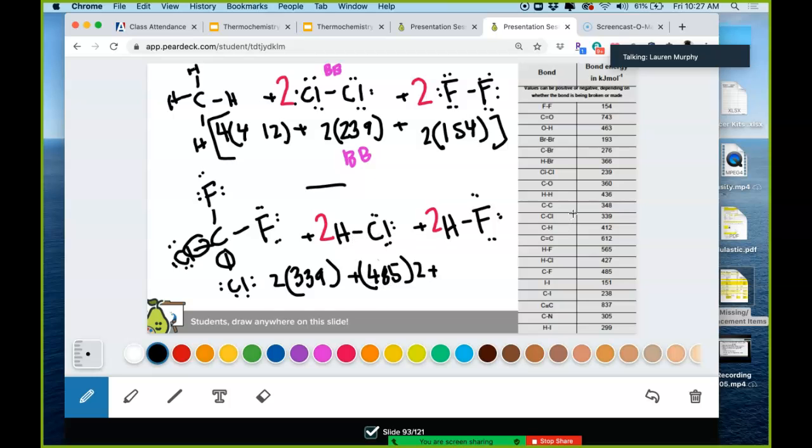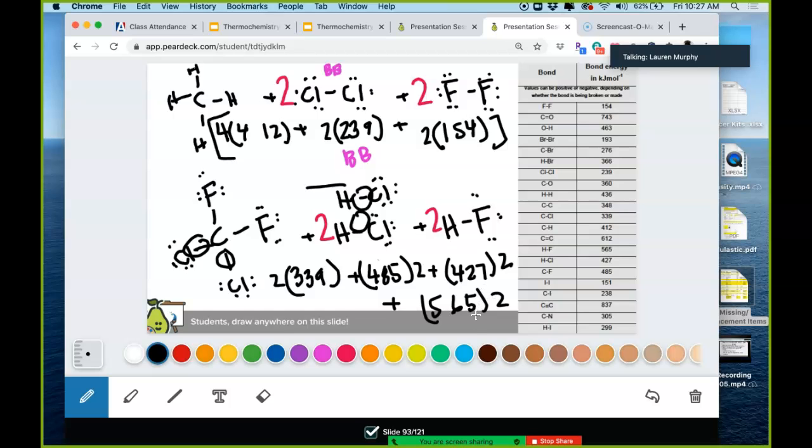Plus HCl, 427. Now, remember, there's 2 of these guys. It would be like me drawing this twice, which means there's 2 HCl bonds, plus HF, 565, and again, there's 2 of those, so you multiply by 2.